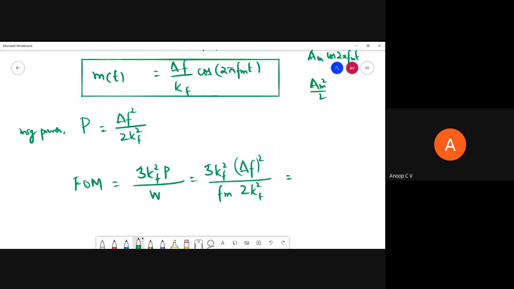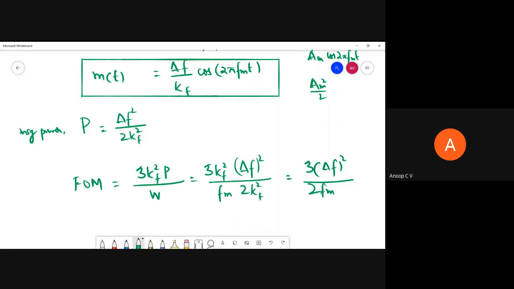So we get the expression for figure of merit as 3 times delta f square divided by 2 fm.